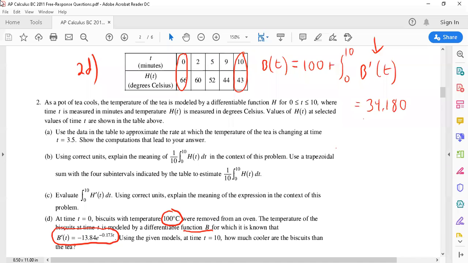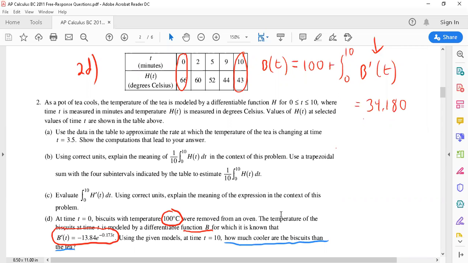And then the question says, how much cooler are the biscuits than the tea? So do we know the temperature? We just found the temperature of the biscuits. Do we know the temperature of the tea? Let's see here.